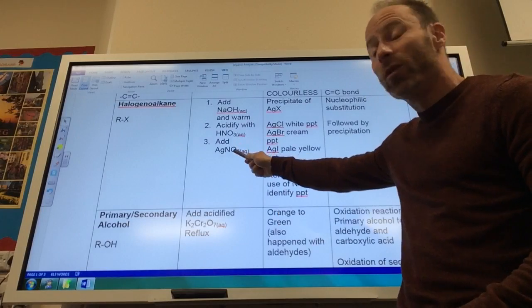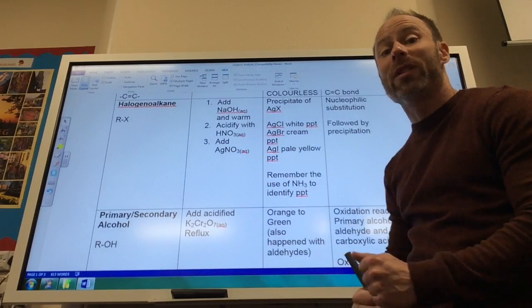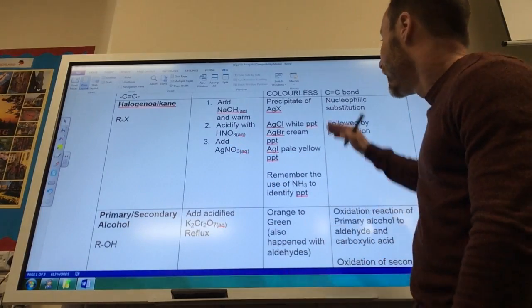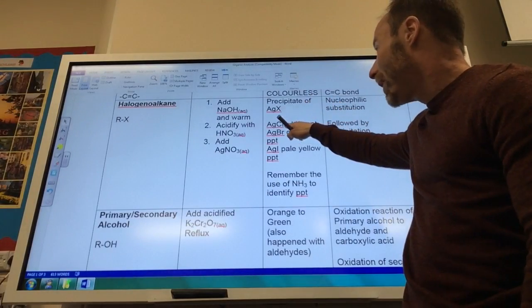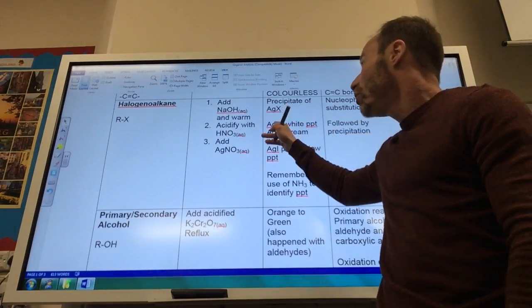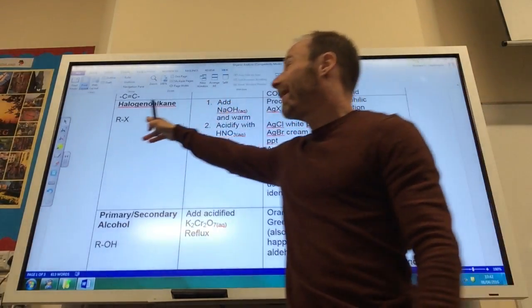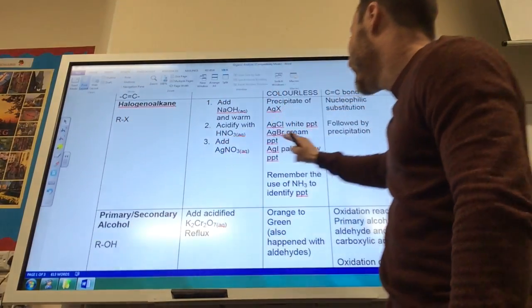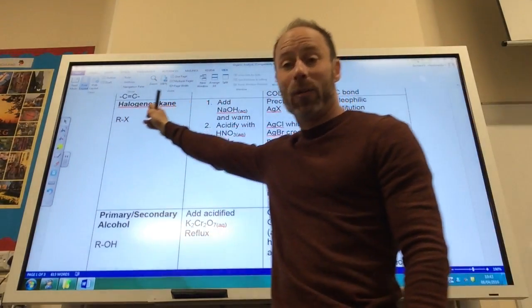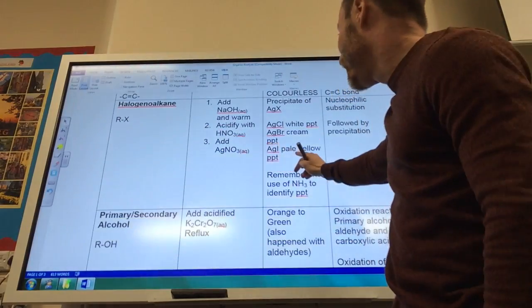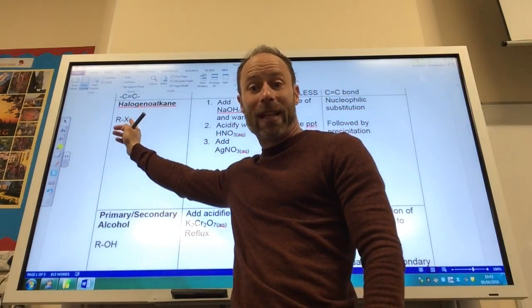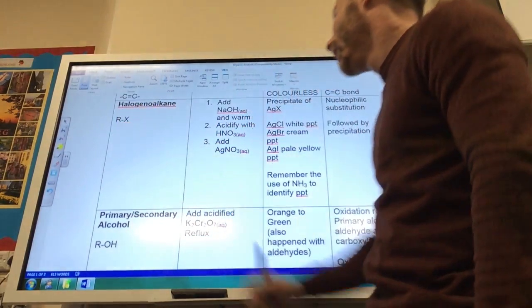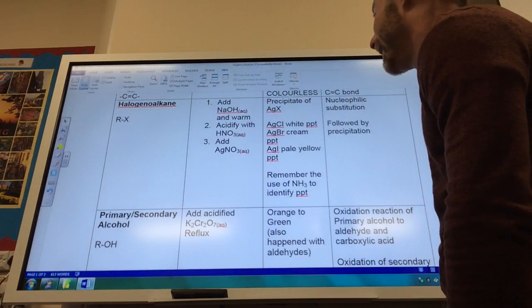And then you add silver nitrate solution and you will see a precipitate. So, if you see a white precipitate at that stage, you know your halogenoalkane would have been a chloro one. If you see a cream precipitate, it would have been bromo. If you see a pale yellow precipitate, it would have been an iodo halogenoalkane.